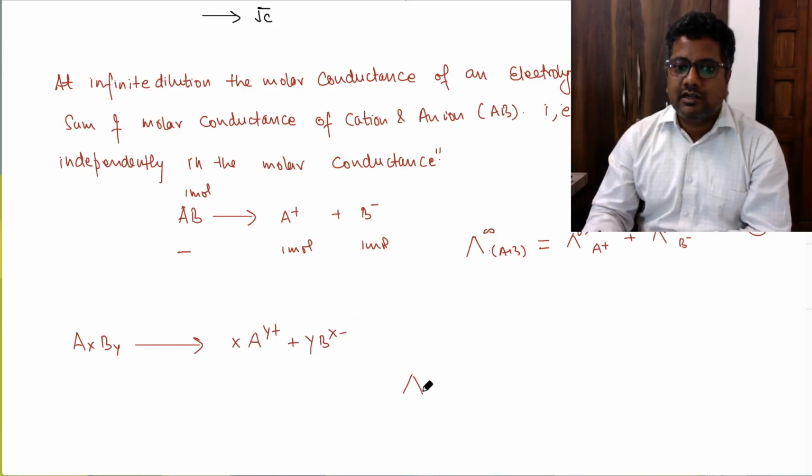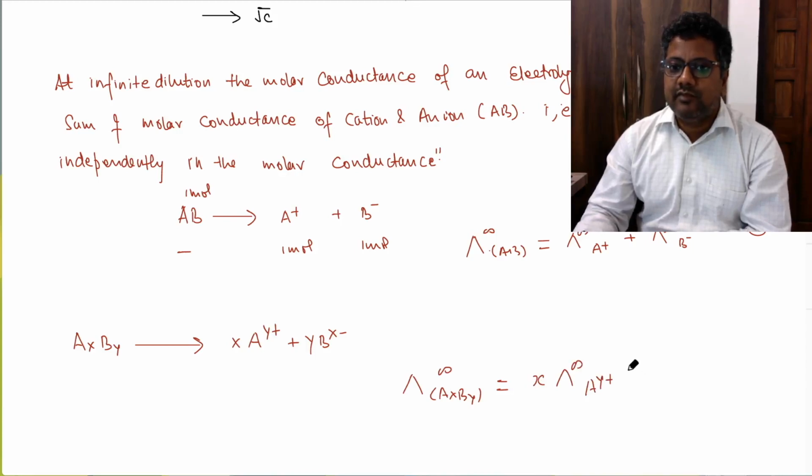Now the molar conductance of AxBy at infinite dilution is equal to x times the molar conductance of A^y+ plus y times the molar conductance of B^x-.